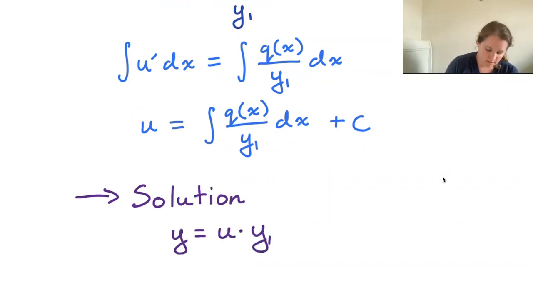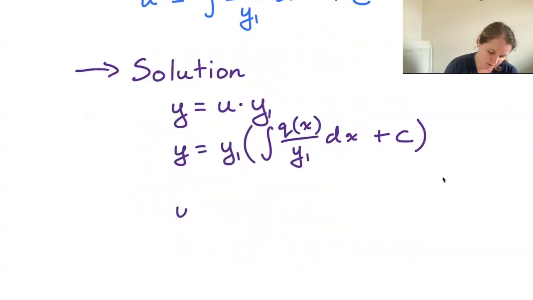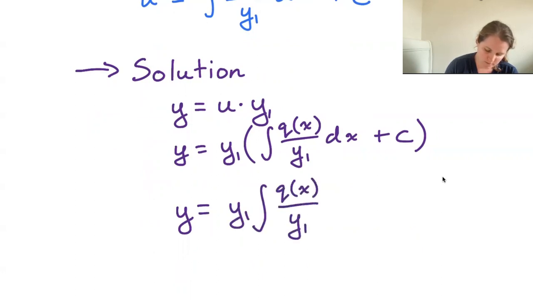We have then that y is equal to y1 times the integral of q of x over y1 dx plus c, or in other words, y equals y1 times the integral of q of x over y1 dx plus c times y1.